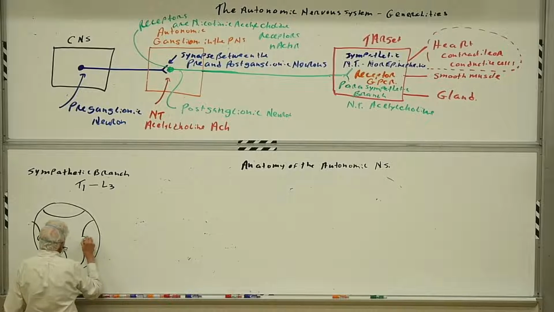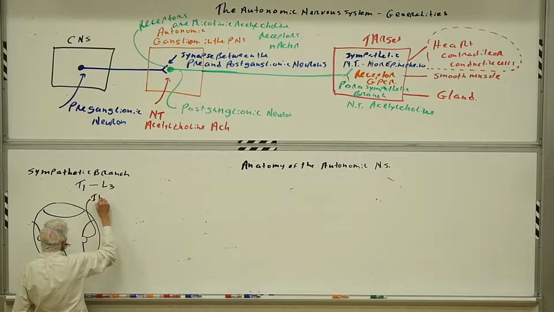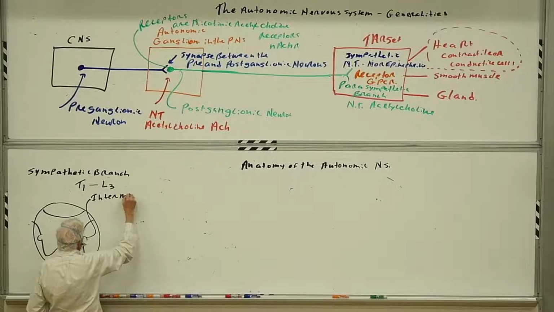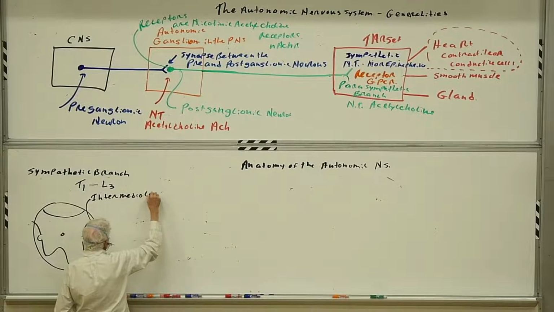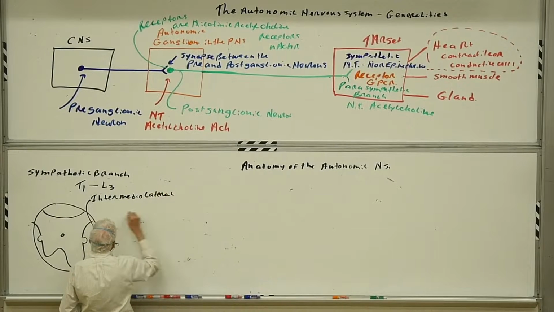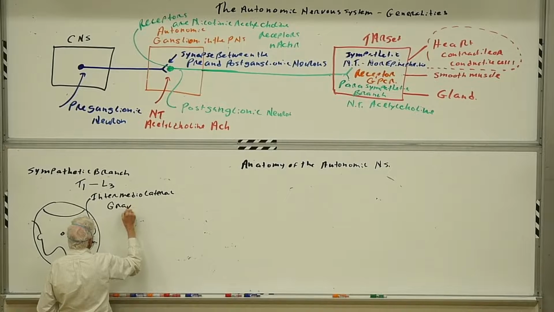And this gets a name. This is said to be the intermediolateral gray column.